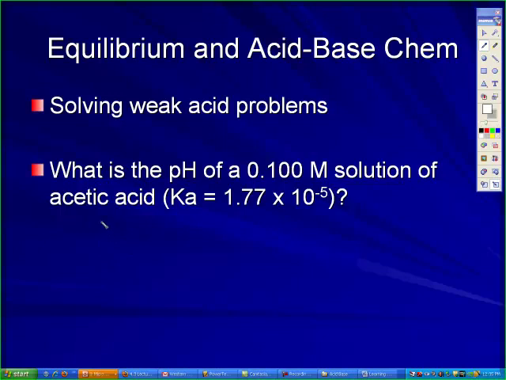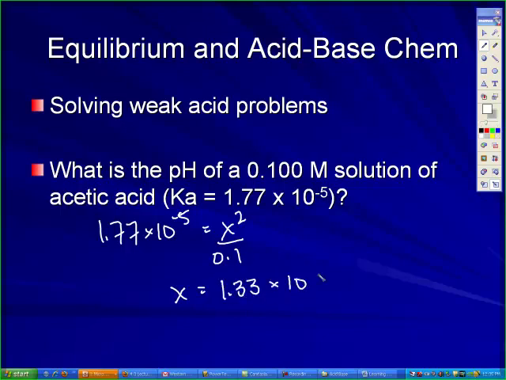If I take 1.77 times 10 to the negative fifth and solve for X here, multiplying each side by 0.1, I should come up with X being 1.33 times 10 to the negative third.